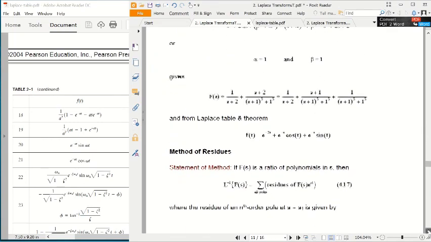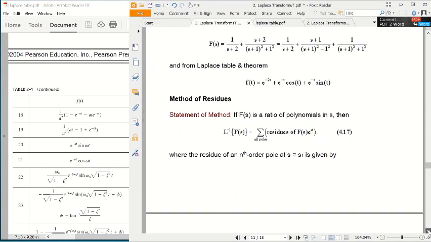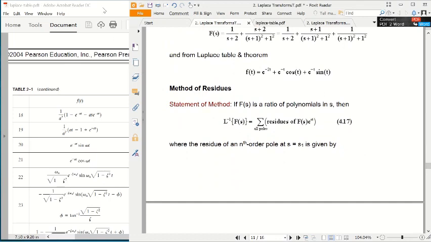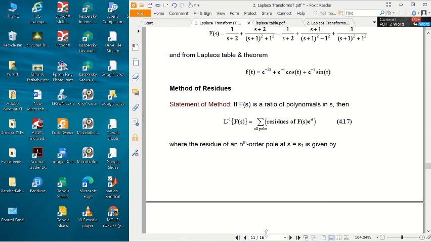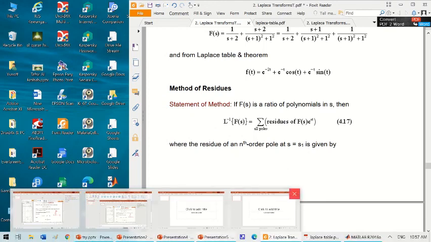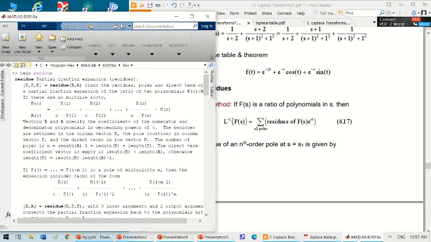Okay, for the residue method, I'm not going to discuss the theory of this, but rather I want to show you how to use MATLAB to calculate for that.